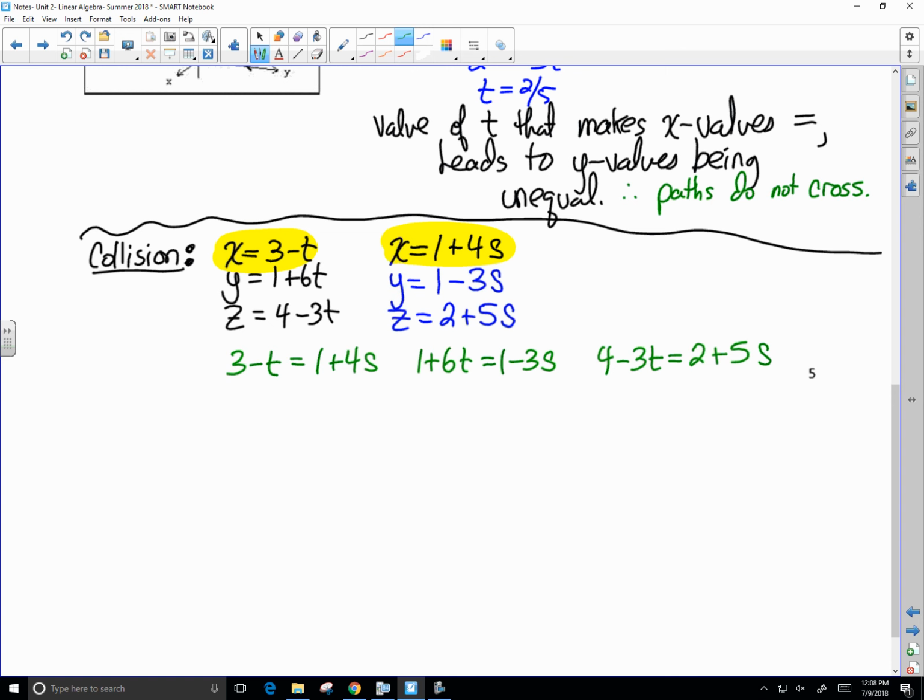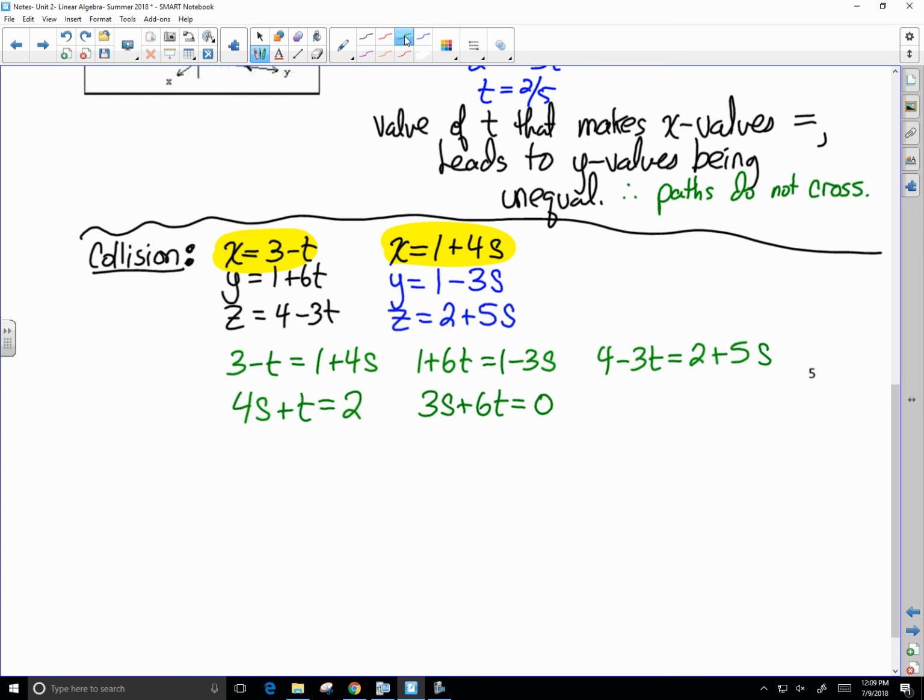So I want to be able to use matrix operations to do this. So I'll bring the t over. So this is going to be 4s plus t equals 2. So I'm adding the t, subtracting the 1. Negative 3, no, positive 3s plus 6t equals 0.